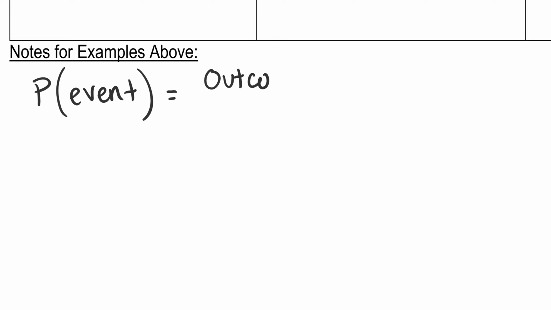The formula for probability for anything: you would have the probability of some event, whatever it is you're trying to find the probability of. It would equal the outcomes that you want. So again, it depends on what you're looking for.